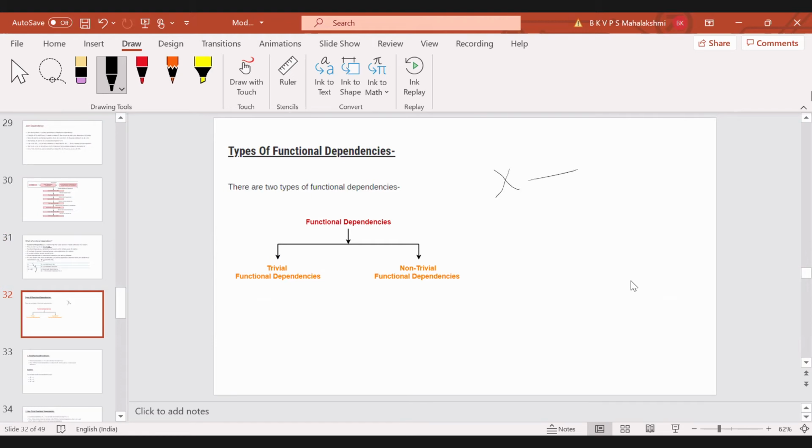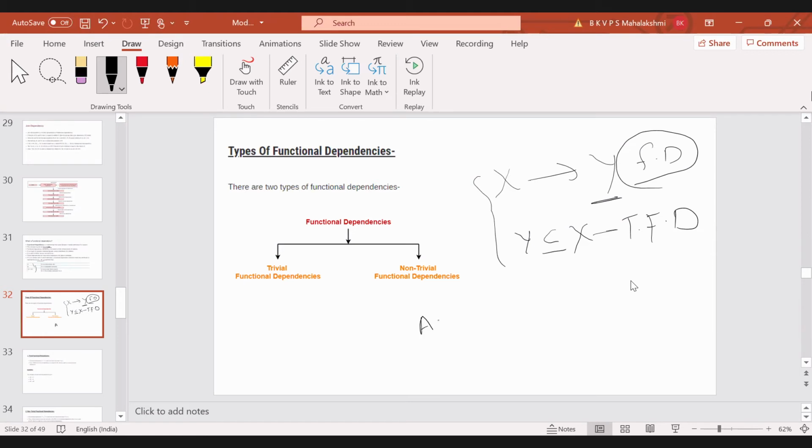The difference is, actually, suppose X tends to Y is a functional dependency. If the right side attribute is a subset of or equal to X, then we can say it is a trivial functional dependency. We'll take one example.